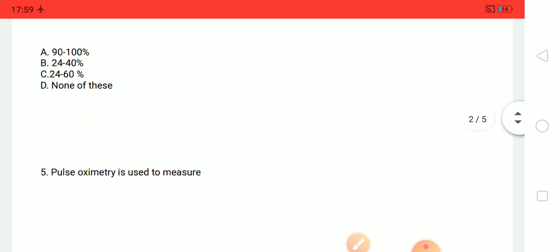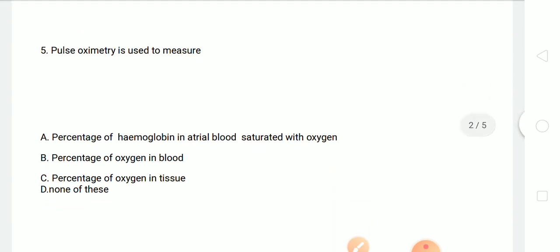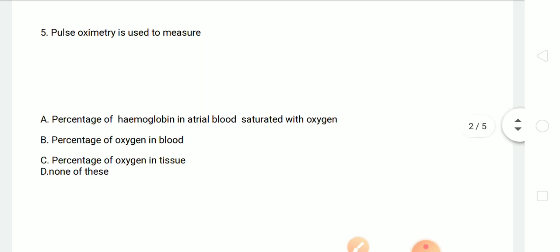Next question: pulse oximetry is used to measure. In this question, what is the use of pulse oximetry? Option A, percentage of hemoglobin in arterial blood saturated with oxygen. Option B, percentage of oxygen in blood.